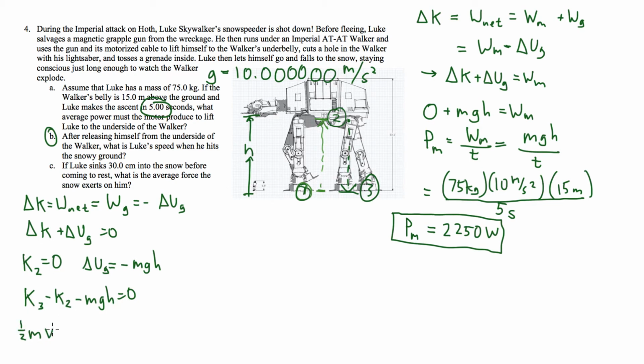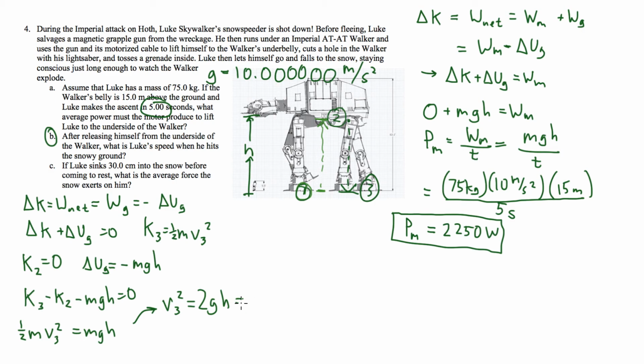I'm going to plug in 1/2 mv3 squared. So K3 is his kinetic energy against the ground, and this is just the standard kinetic energy formula. So there we go, 1/2 mv squared minus 0 equals mgh. What you're going to get out is v3 squared equals 2gh when you cancel the m and move the 2 over.